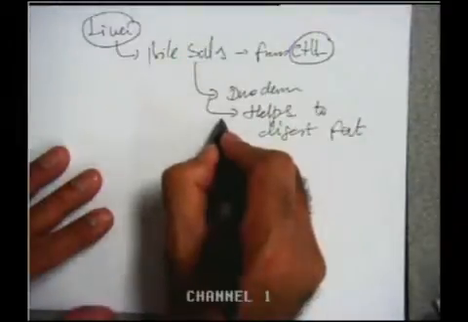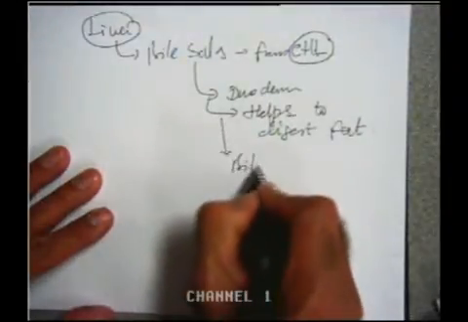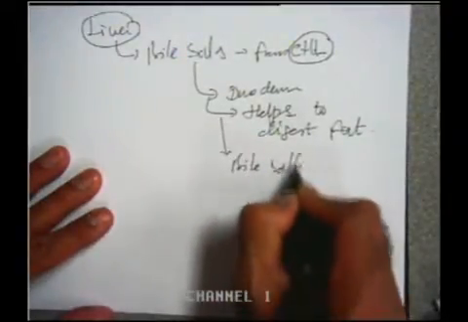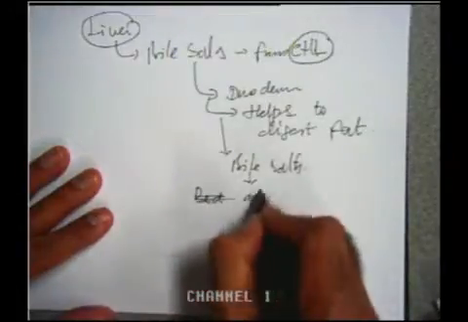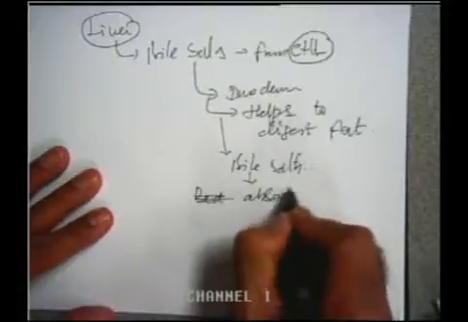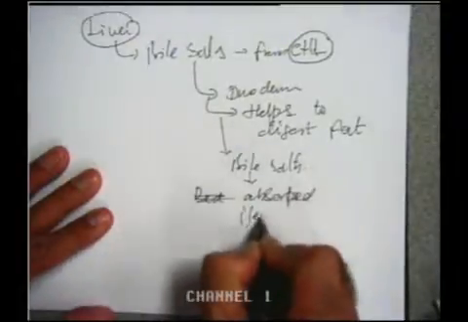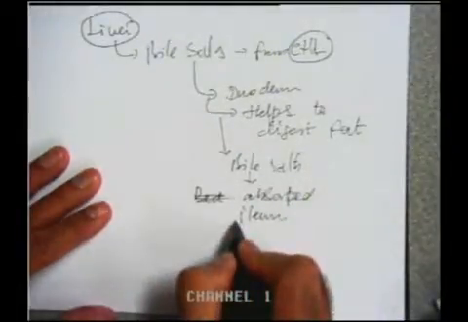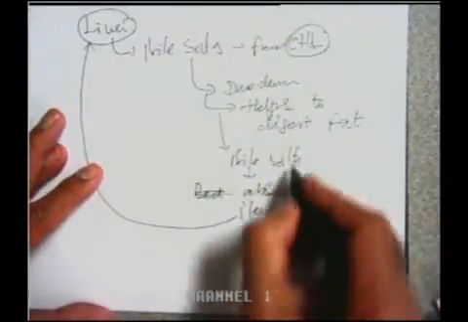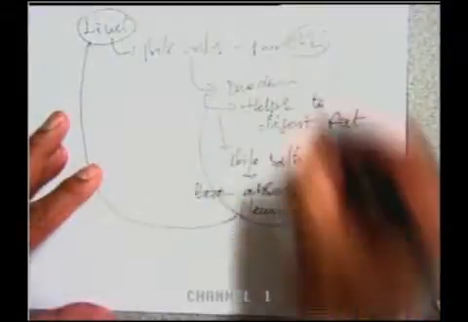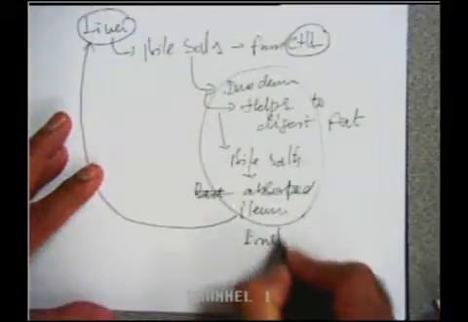The leftover bile salts are absorbed in the ileum, and then shuttled to the liver again. Here in the intestine we call it entero, and the liver we call hepatic.